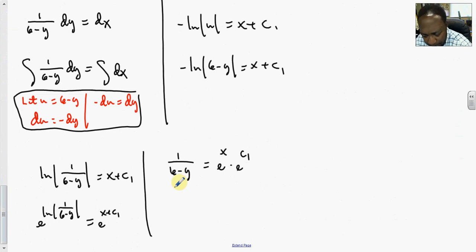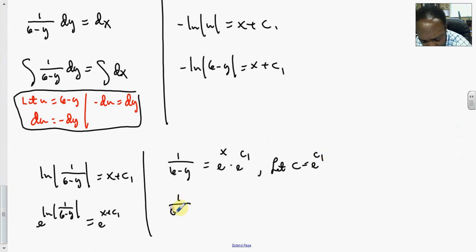This is fine. We're going to just multiply. I should have just taken that negative and run it through. It doesn't matter, the mathematics is still consistent. And so here, this is a constant. E is a constant, raised to a constant is a constant. We'll fix that in just a moment. Well, let's go ahead and do it now. Let c equal e to the c sub 1.